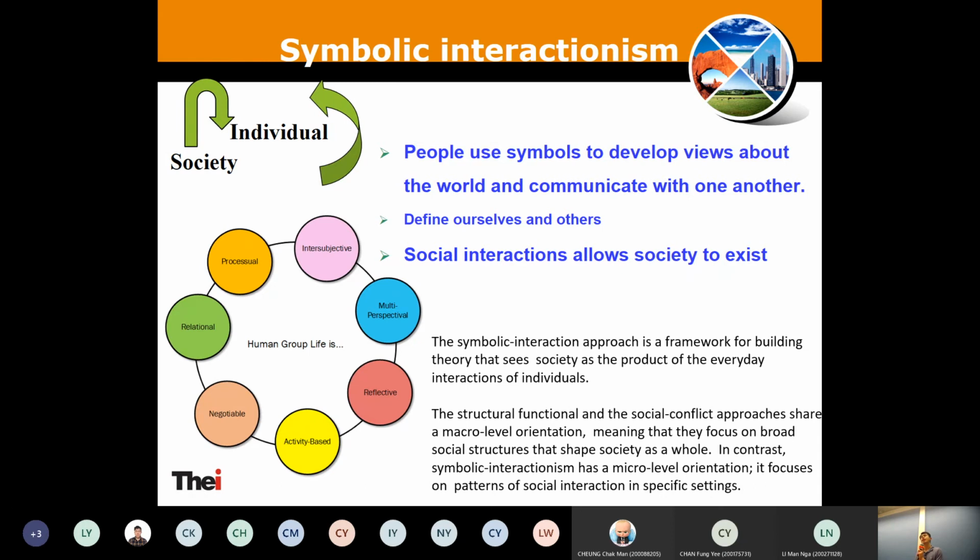So the symbolic interaction approach is a framework for building theory which views society as the product of the everyday interaction of individuals.